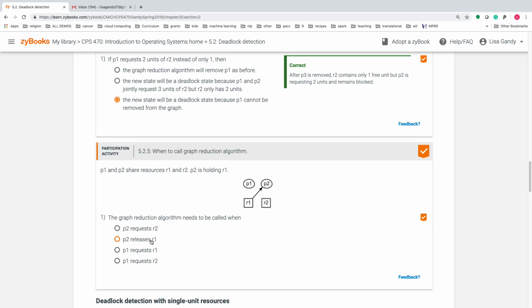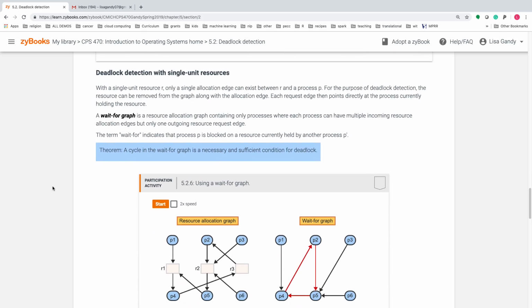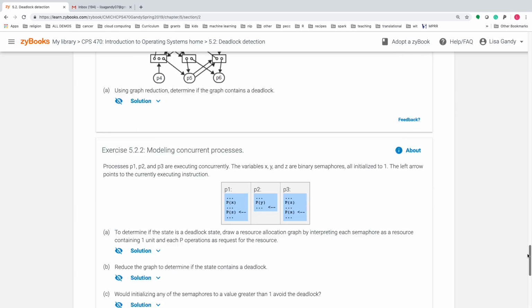P2 requests R1? What? Oh, releases. Oh, I thought that was request. Sorry. Okay, ignore me. I should have read it more. P1 requests R1. That's this one. R1 is held by P2 and thus P1 blocks. Okay. So only when it's blocked. And then we're stopping there. And we will have this in the next section. I mean in the next test.